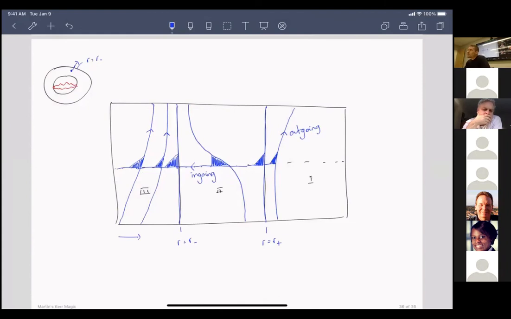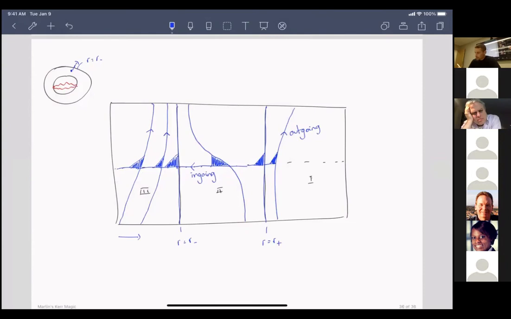So if r equals r minus is the center of the Kerr black hole, if you will, it's almost as though passing this horizon has changed the sign of gravity. Gravity becomes repulsive somehow.